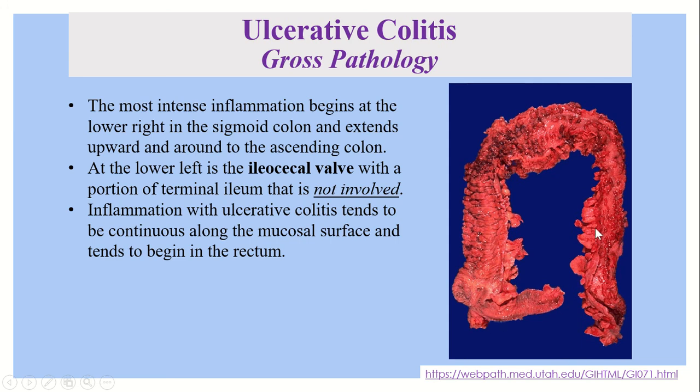The most intense inflammation begins at the lower right in the sigmoid colon and extends upward to the ascending colon. And here we see the ileocecal valve with a portion of the terminal ileum that is not involved. But ulcerative colitis tends to be continuous along the mucosal surface and tends to begin in the rectum.